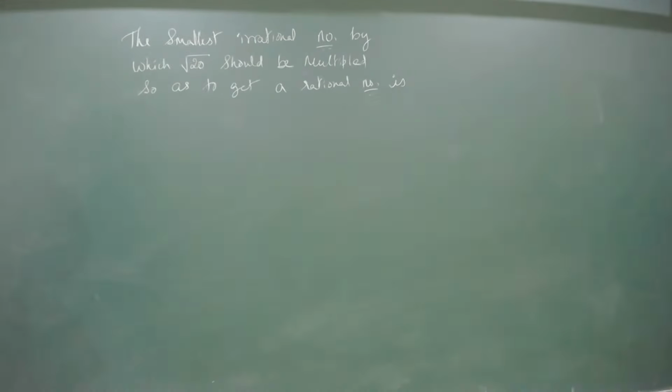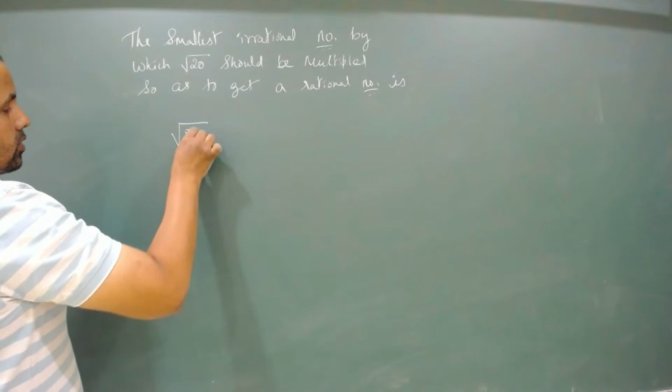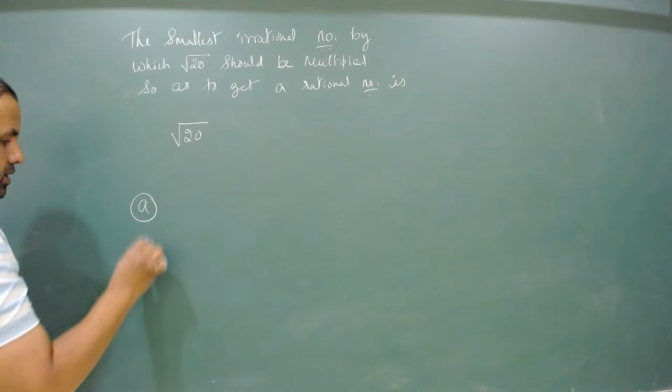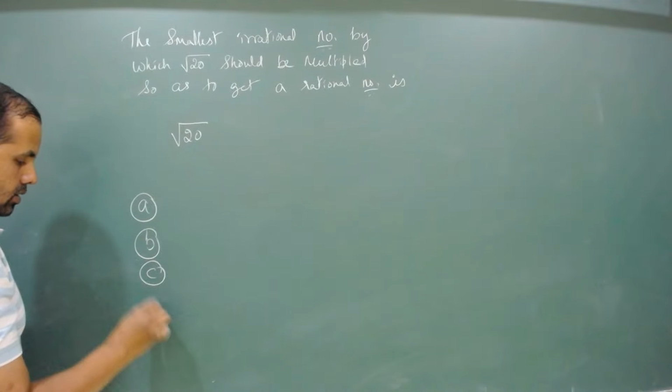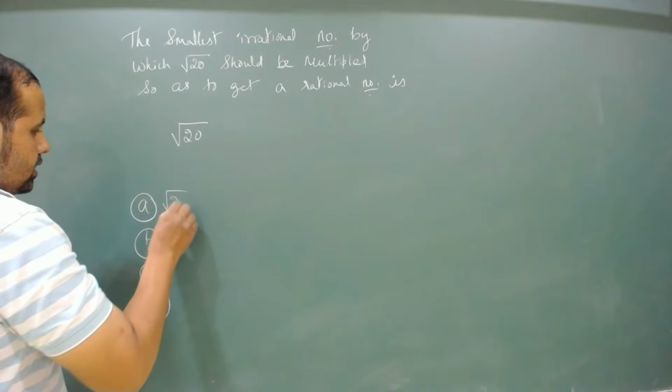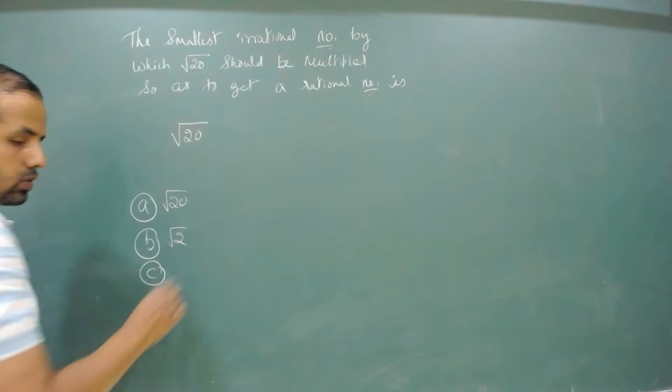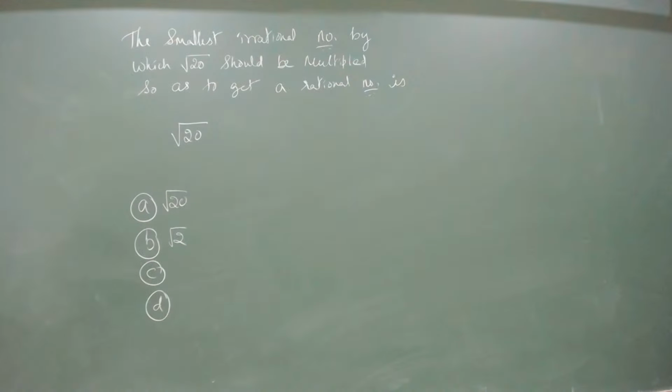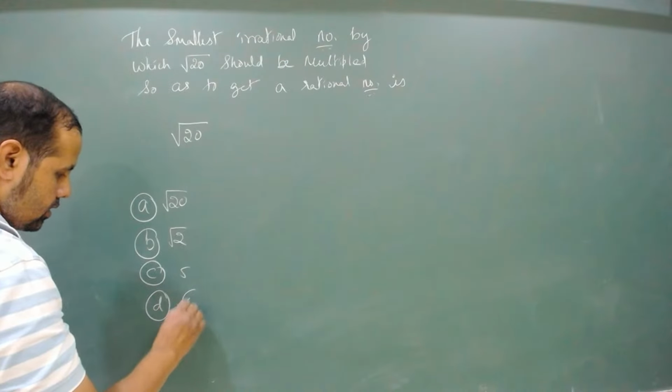So root 20. By what smaller number? I'll write the options here. Option A, B, C: 20, root 20, root 2, 5 root 5.